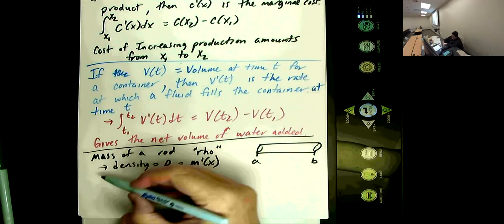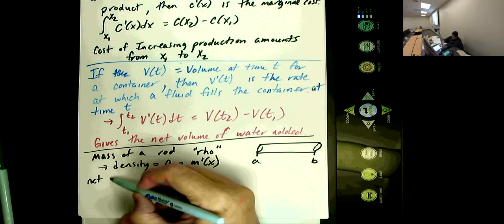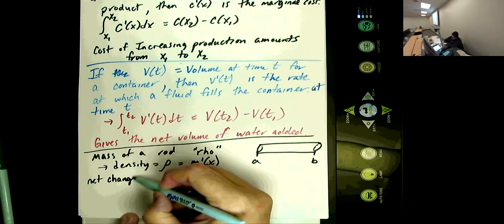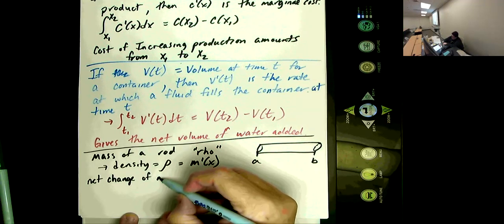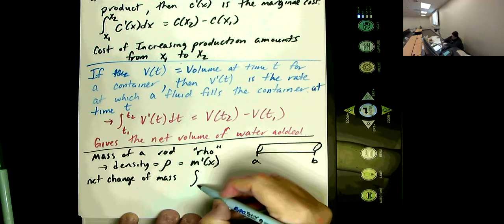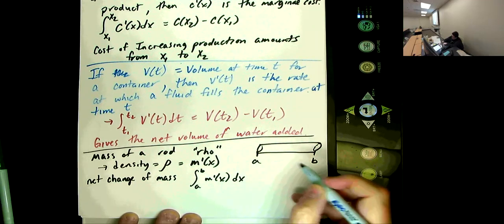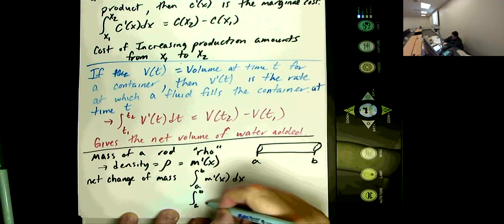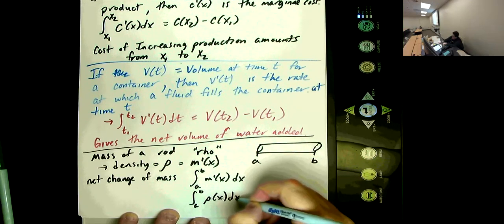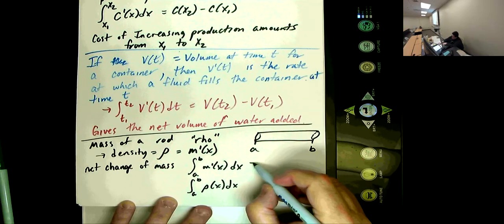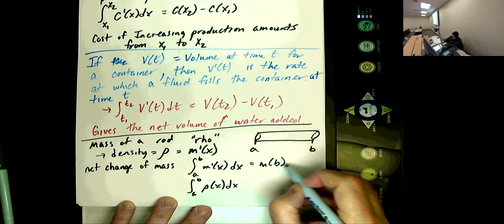And so you can find the net change in mass from one end to the other, doing the integral from a to b of m prime of x dx, or a to b of rho of x dx. Since rho is m prime of x, it's m of b minus m of a.